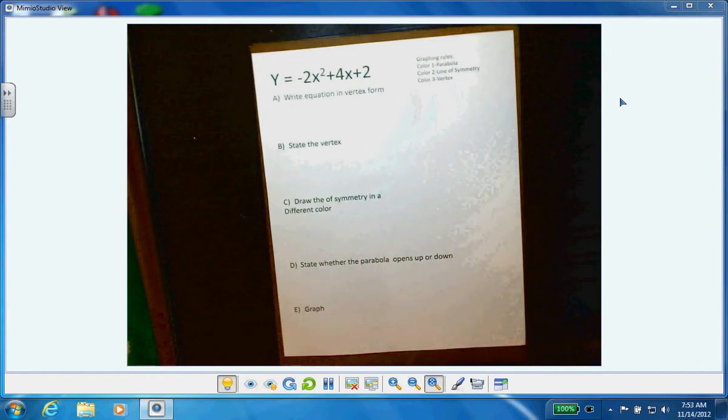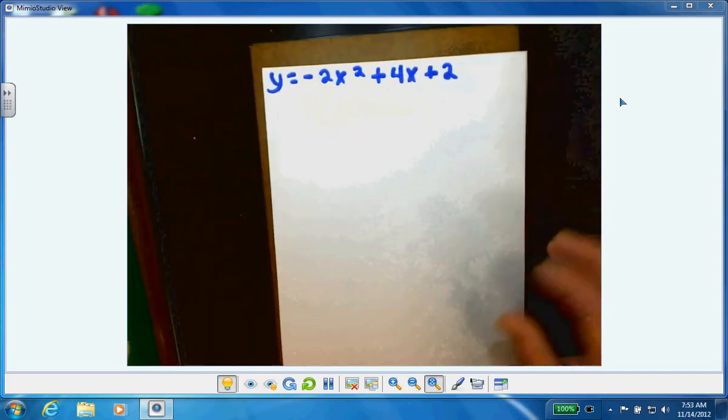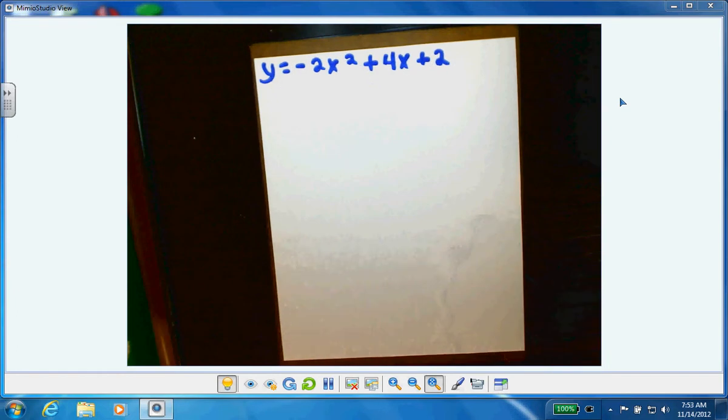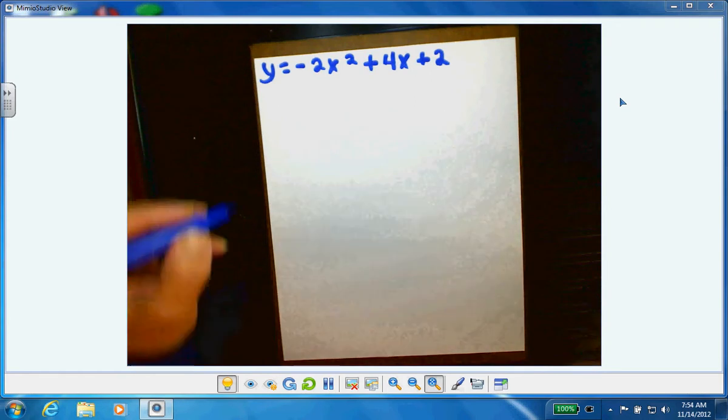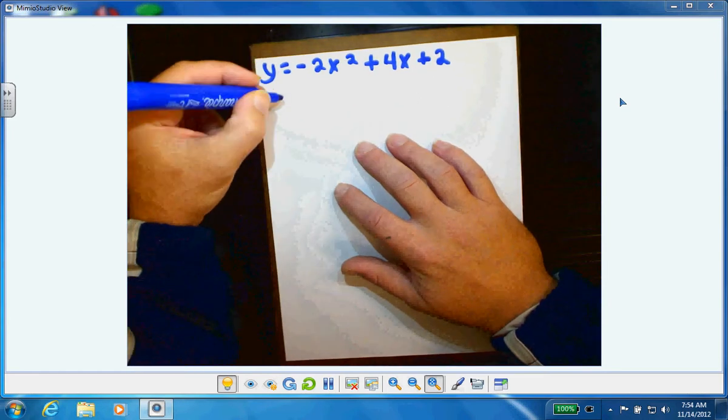Now, if you look at this equation right here, currently I have it in standard form, but I need to rewrite it so that it is in vertex form. So I'm going to start my process right here.